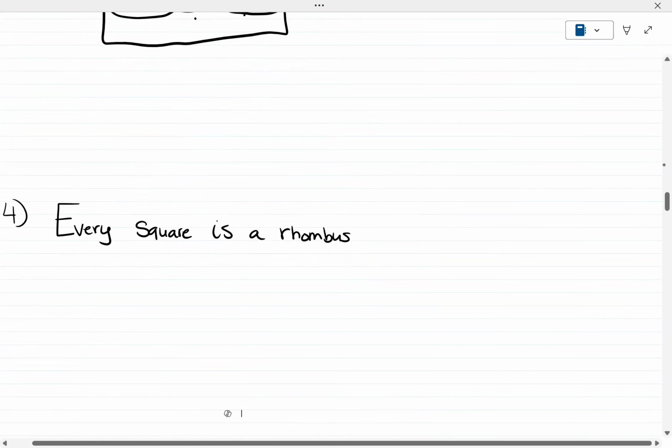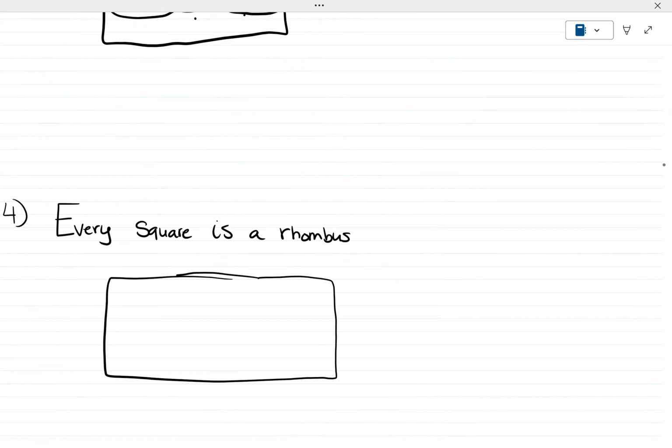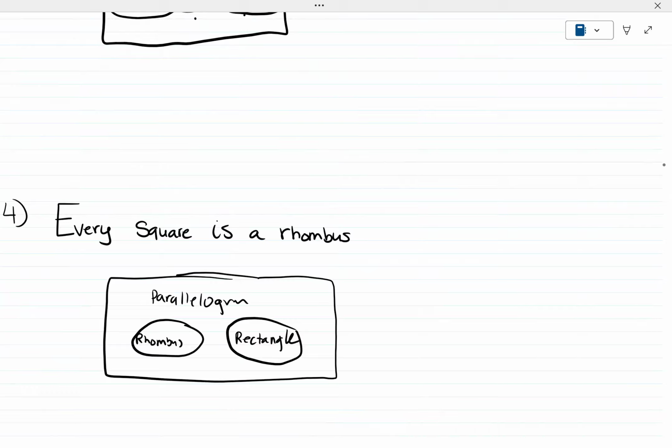What about question four? Every square is a rhombus? I think so. If you go back to where you have a parallelogram, a rhombus could be this, and then a square is like a mixture of both.